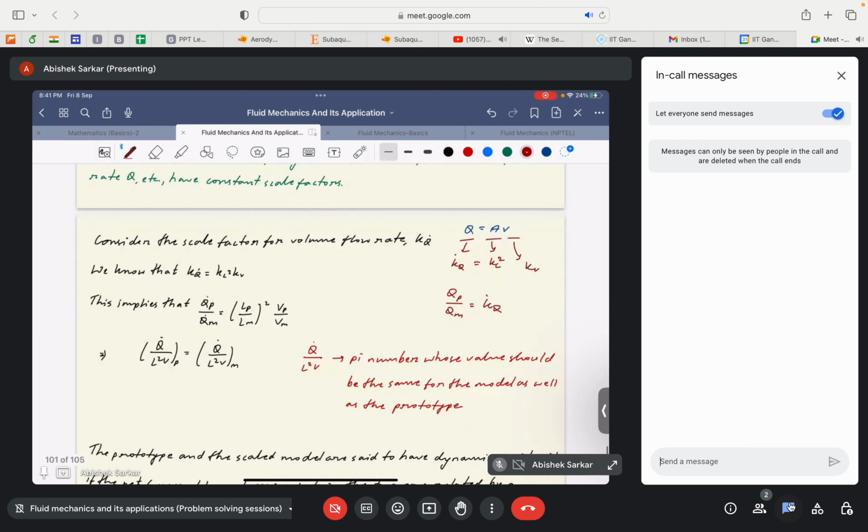It's not a variable. So we can say that if Q varies as kQ, then it should be equal to the scaling factor of the area multiplied by the scaling factor of the velocity, because the very mathematical expression of volume flow rate is given by Q equals A V.